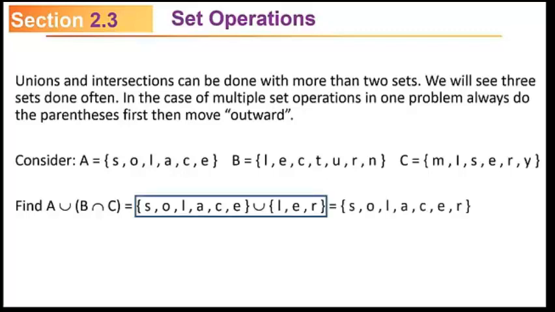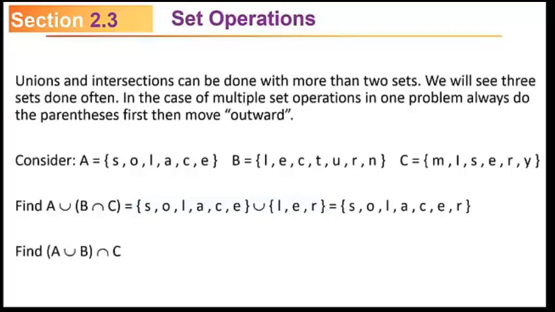There's an S, an O, an L, an A, a C, an E, and an R. So the union of A with the intersection of B and C consists of the set containing the letters S-O-L-A-C-E-R. You could do that with Venn diagrams, but as I said earlier, you can do these problems mostly without Venn diagrams, although Venn diagrams can be useful as a visual aid.